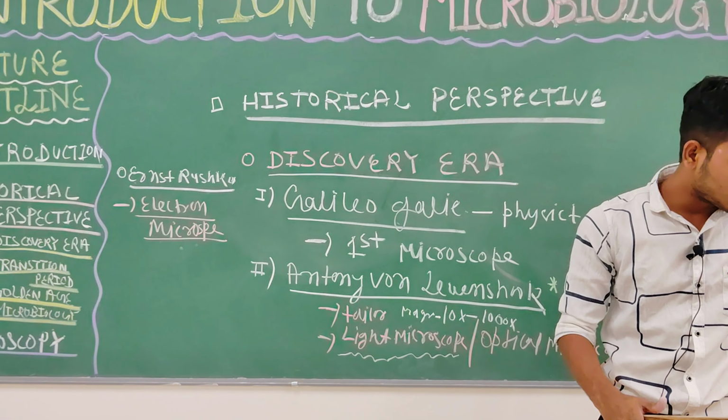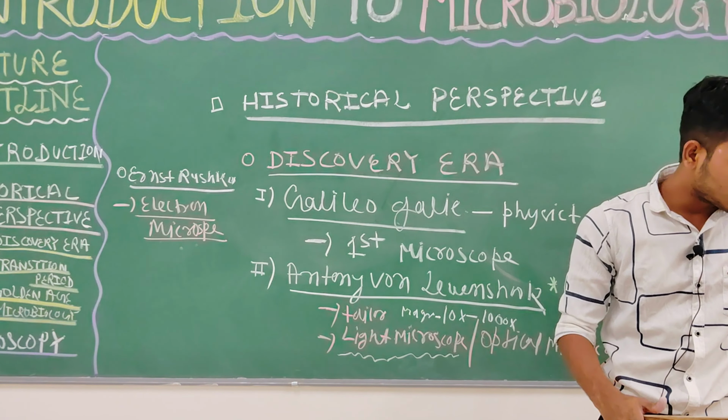If we talk about the history of microbiology, the first period is called the discovery era. Here scientists and persons from different fields were actively involved in discovering proper magnifying apparatus. The first person is Galileo Galilei, a physicist by profession, who discovered the first optical microscope.